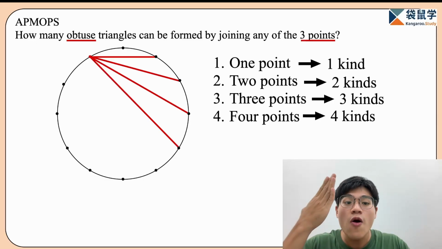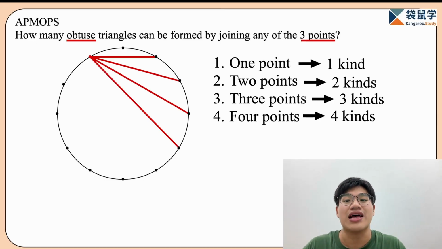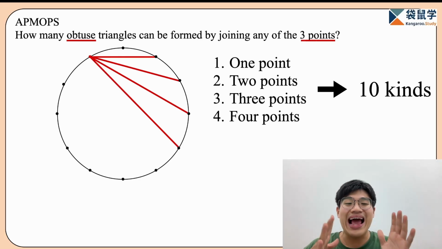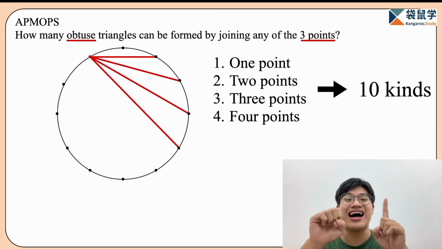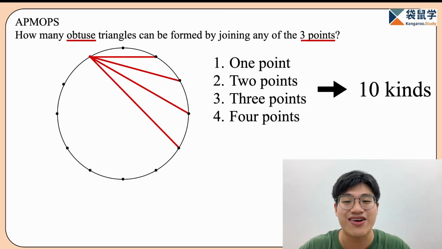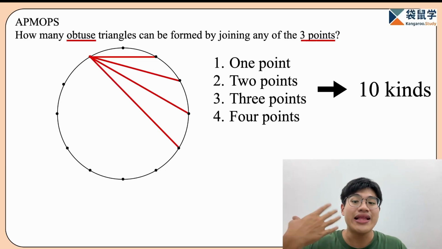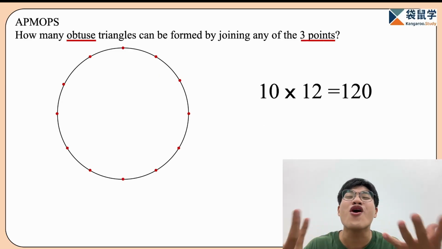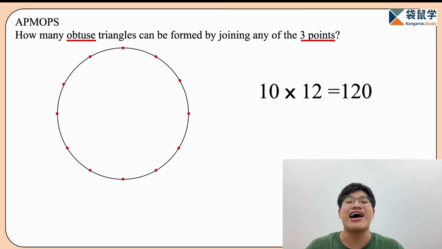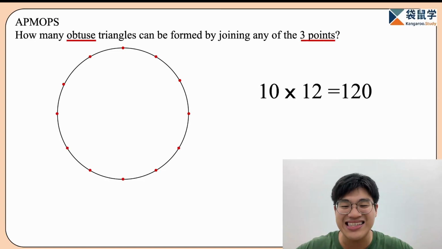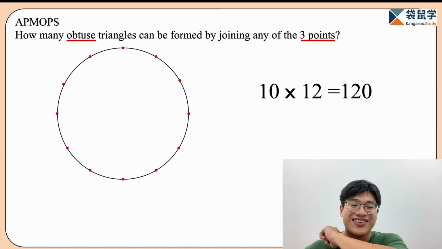So how many kinds of triangles can I draw from this point? I can actually make 10 kinds of different obtuse triangles from this point. Then I know there are 12 points in the circle. So I use 10 times 12 equal to 120. And that is another method you can use for this question.